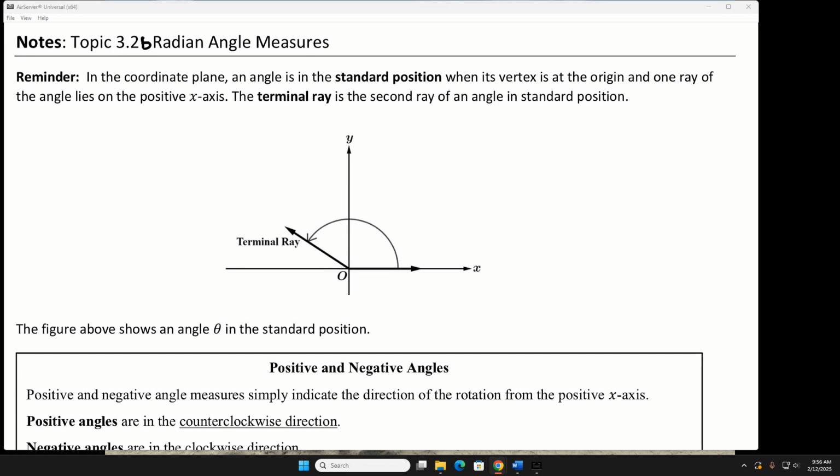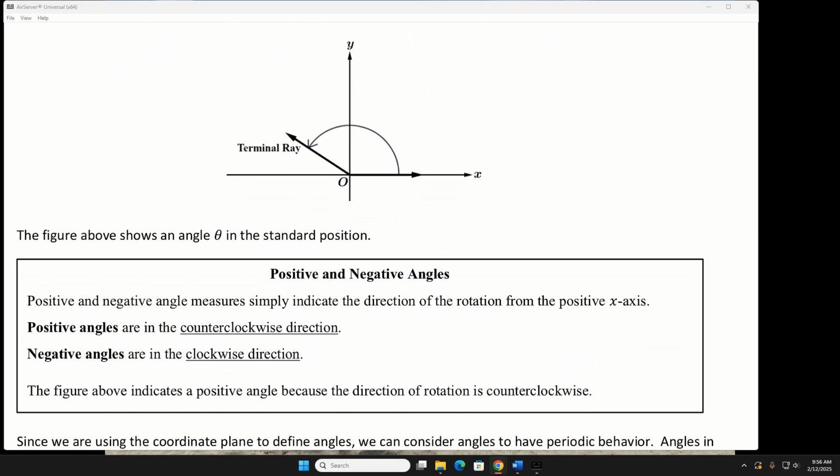An angle that is in standard position is an angle like this one, where the vertex is at the origin. There's a ray pointing in the positive x direction, and then a terminal ray after you rotate around. This angle is in standard position. Now, one thing you may not realize is that angles can be negative.